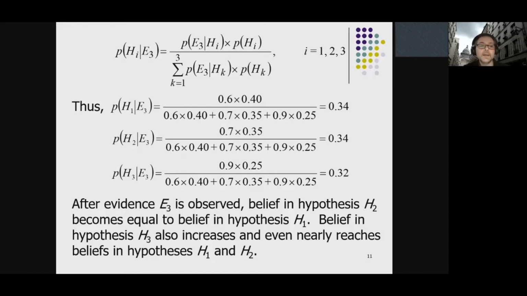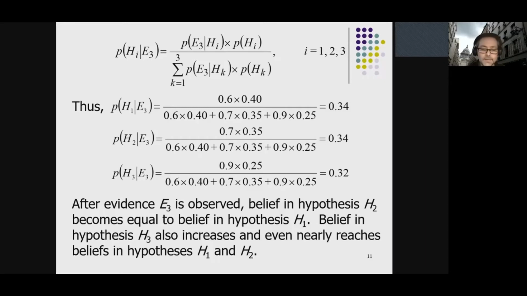Practically what that means is that after evidence E3 was observed by the system, belief in hypothesis H2 becomes equal to the belief in hypothesis H1. This is because the probabilities are the same. So the system will have to update its beliefs about these hypotheses, making H1 and H2 equally probable.